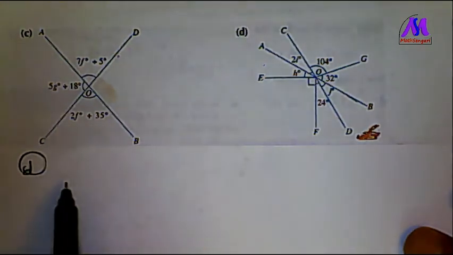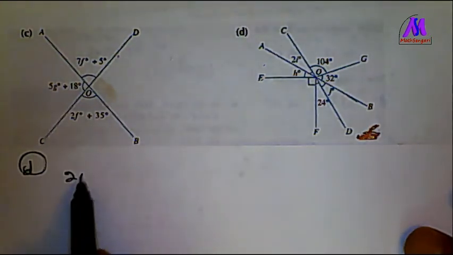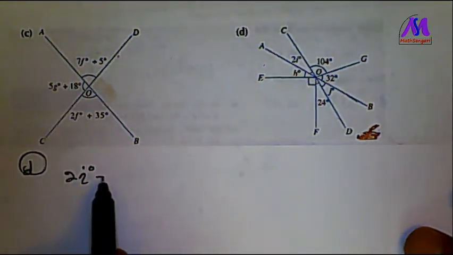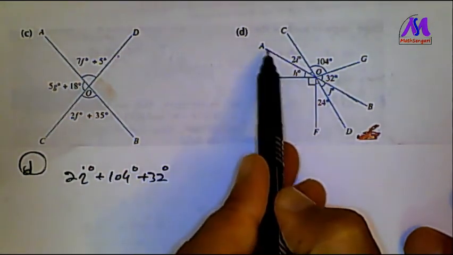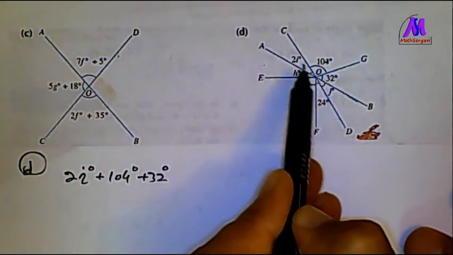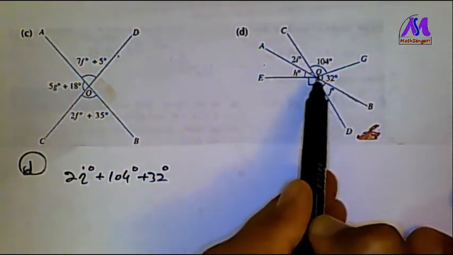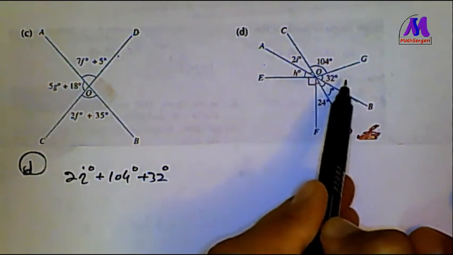So it will be equal to 2i degree plus 104 degree plus 32 degree, because angles AOC, COG, GOB are adjacent angles lying on a straight line AB.